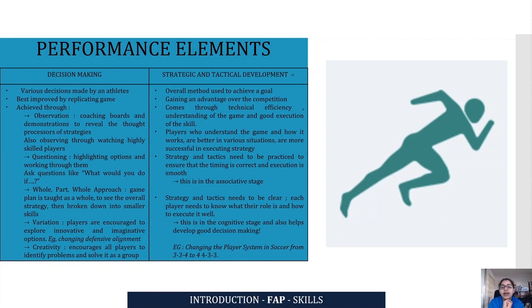And then finally creativity, which encourages all players to identify problems and solve them as a group. So all of those distinct decision making processes, like observation, questioning, whole approach, variation, and creativity, can really help teams, and can also help with the motivation of the game.